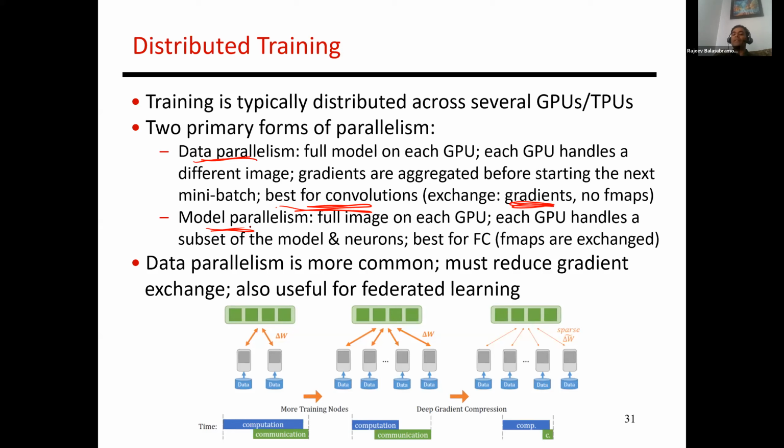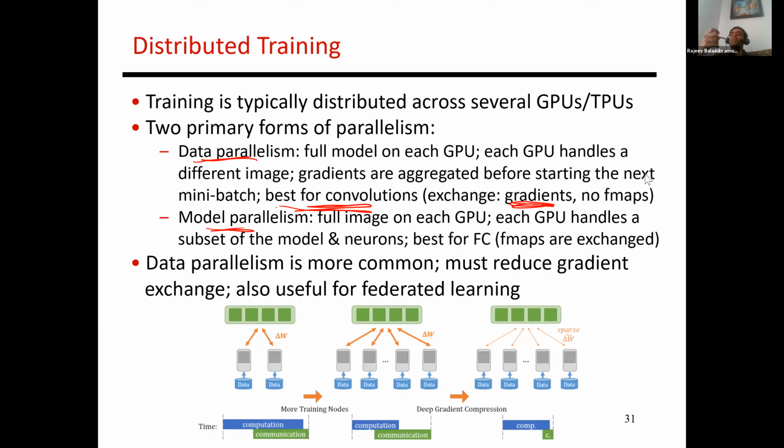basically going to have the model distributed across multiple GPUs, right? So each GPU is going to handle a subset of the model, and it's going to handle a subset of all of the neurons, right? And so essentially, one image has to be sent to all of the GPUs, right? So all of the GPUs are going to see parts of each image, right?